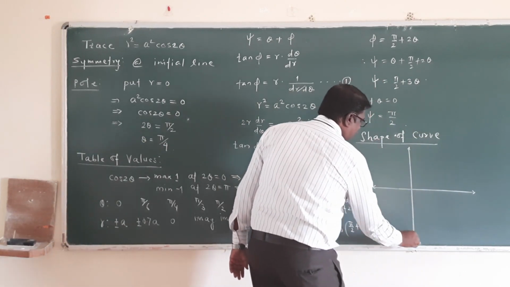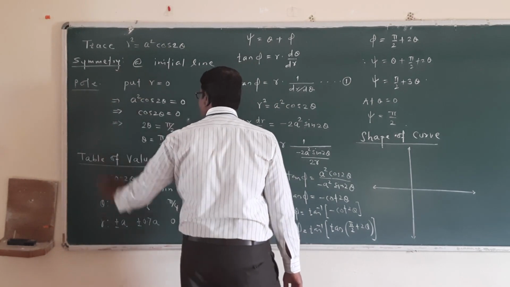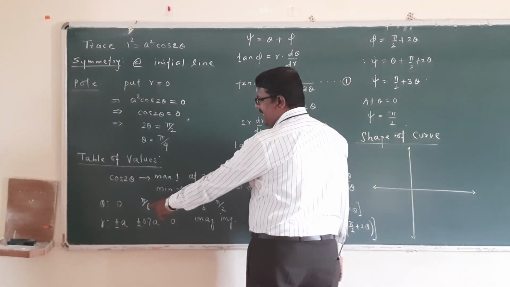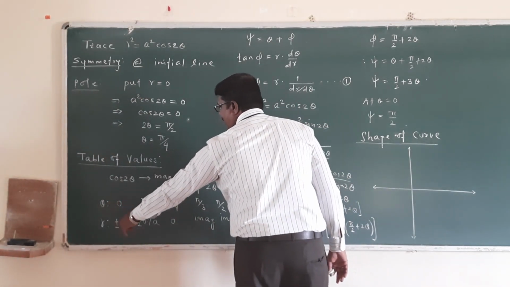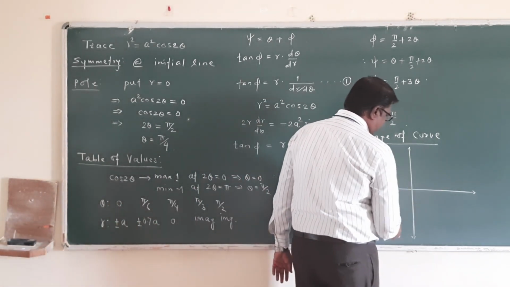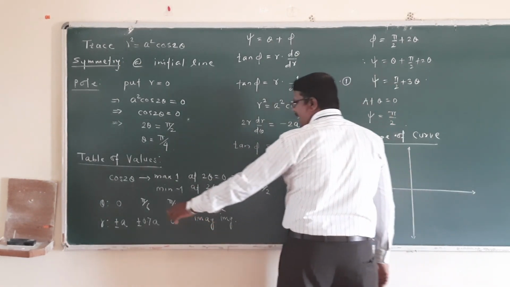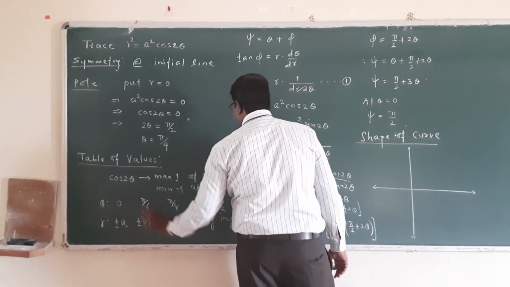Okay. Now we will plot the points and symmetry we will see at the last. So points are, when theta is 0, r is plus or minus a. Now try to understand. When theta is 0, the value of r is plus or minus a.